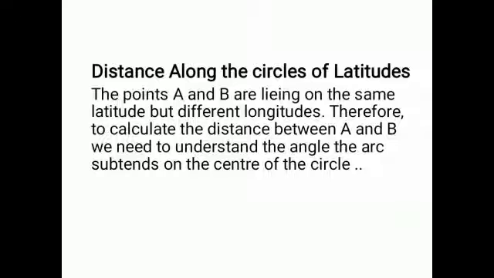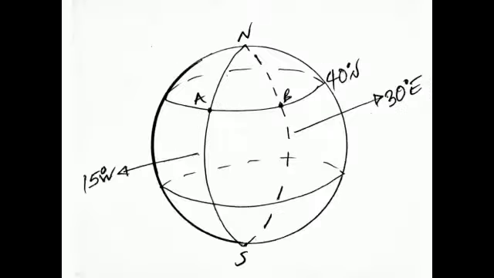So I have a diagram with 2 points, point A and point B, which lie on the same latitude but different longitudes. You can see point A and point B are lying on the same latitude, which is 40 degrees north. At the same time, point A and point B are lying on two different longitudes.